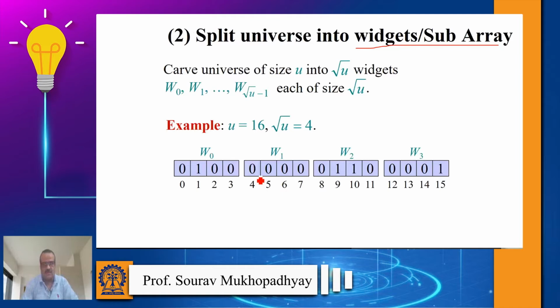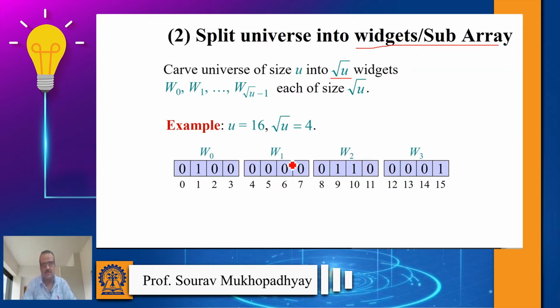This is the next one, like this. We are thinking of this one-dimensional array as a two-dimensional array. In general, if we have u, how many blocks or sub arrays will there be? Root u sub arrays, so root u widgets will be there.